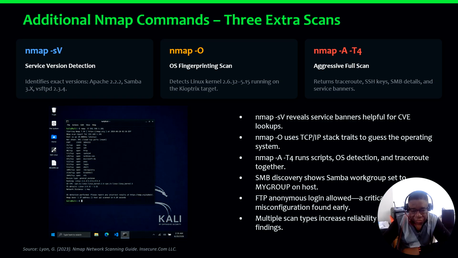Nmap -A -T4 runs scripts, OS detection, and traceroute together. The SMB discovery shows the server's workgroup set up on the host. FTP anonymous login allows a critical misconfiguration found in Nmap, and multiple scan types increase the reliability of findings.